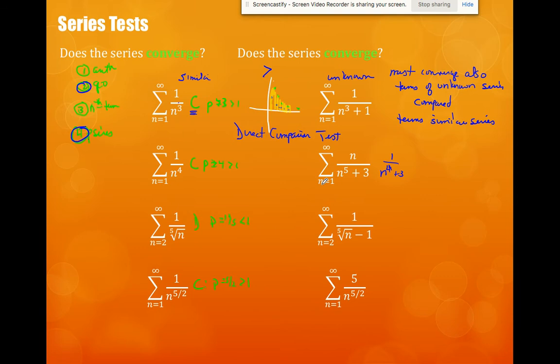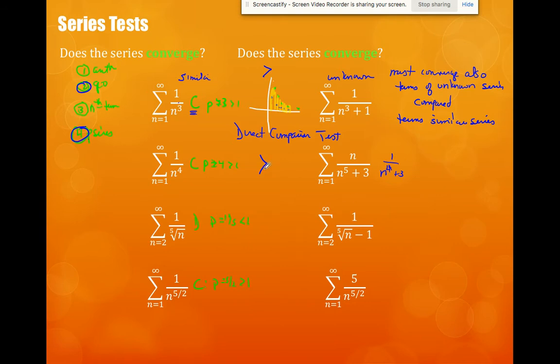I'm going to do a term-by-term comparison. You know that 1 over n to the 4th converges because it's a p-series, so it's the exact same scenario that I have up here. The terms of 1 over n to the 4th are all bigger than the terms of n over n to the 5th plus 3, which I can sort of think of as 1 over n to the 4th plus 3.